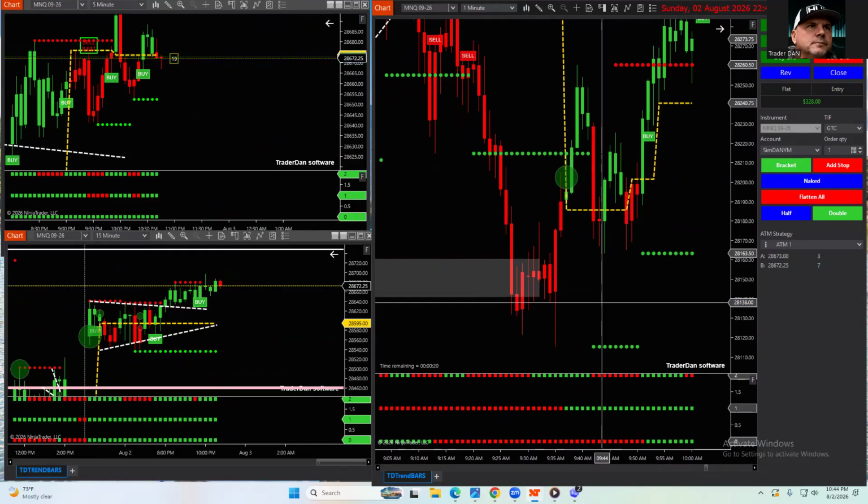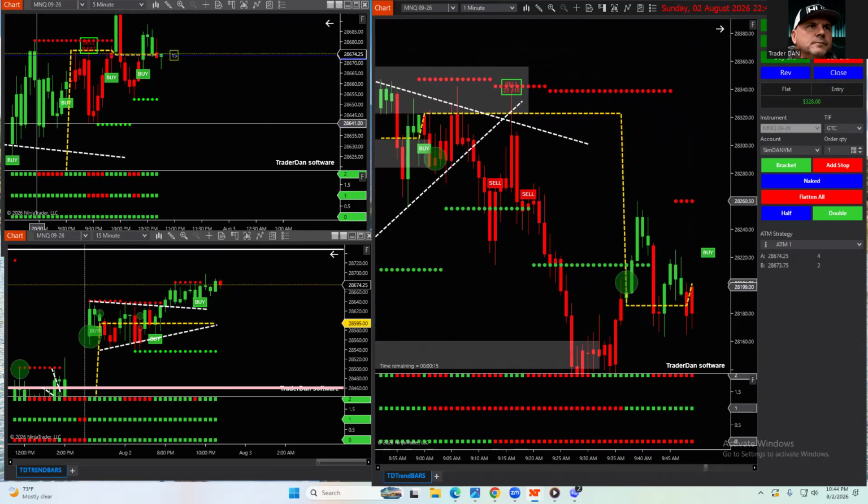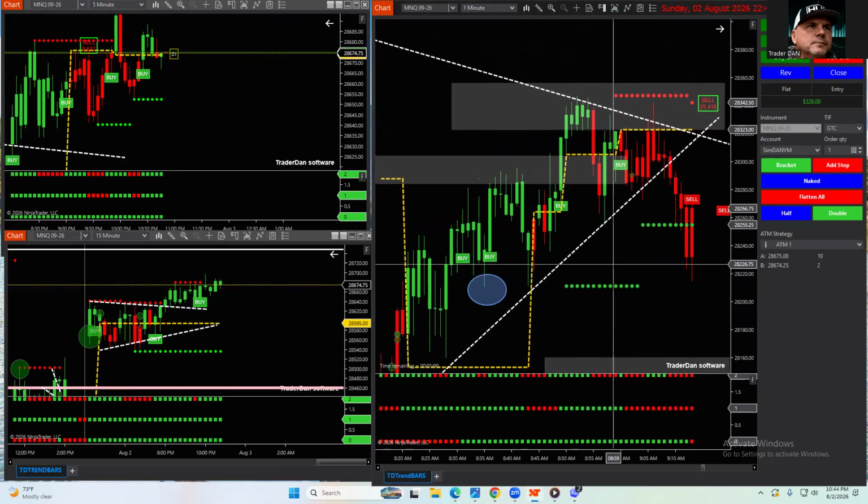Yes, absolutely. So the way you would trade it is, if I went short here, where would my stop be? If I went short here and agreed that this was a sell, my stop would be up here. I'm going to use that trailing yellow line if I can every time I take a trade.